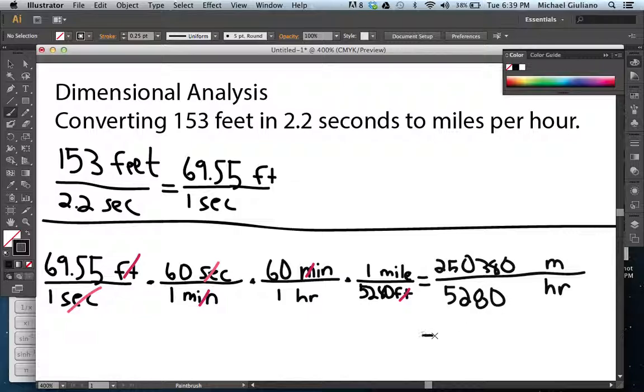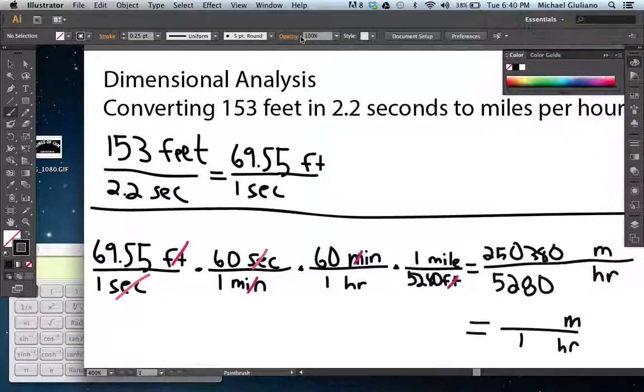So what you need to do is convert that into a rate, and remember, we convert that into a rate by taking the numerator and dividing it by the denominator. That's still going to leave us with miles per 1 hour. If we go over to the handy dandy calculator, where did that go? I put it down there.